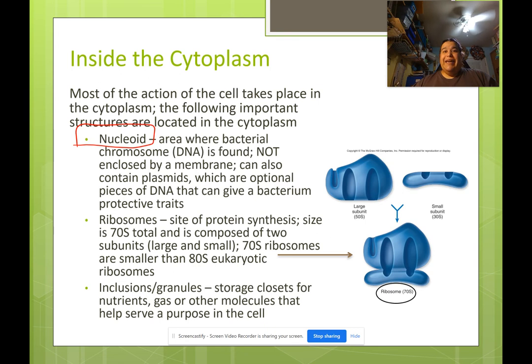It can also contain those little rings of DNA that I talked about before, the little plasmids. Plasmids are not something that is required. It's kind of an optional little piece of DNA that can give the bacteria extra traits that it didn't have before.